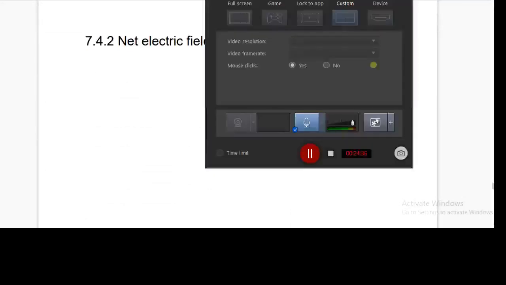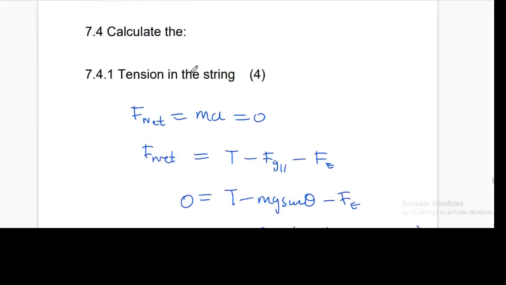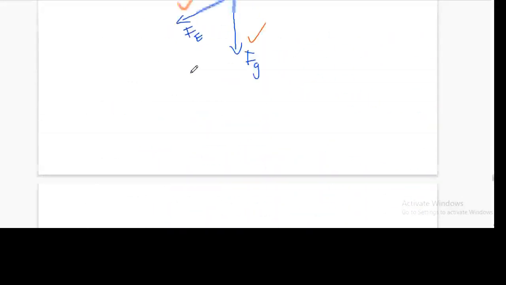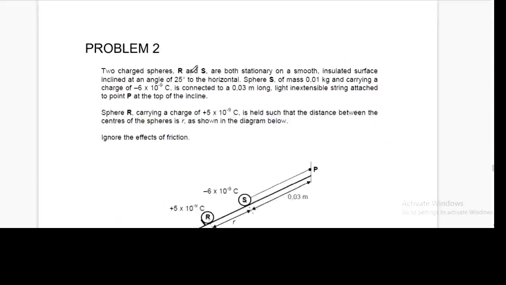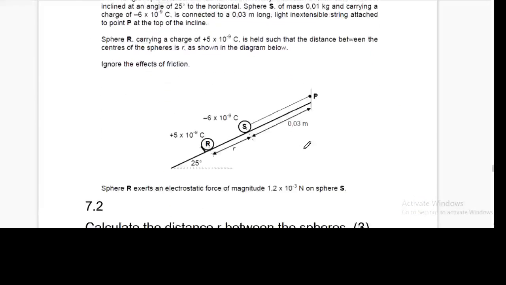Now 7.4.2, calculate the net electric field at point P. Where is point P? You notice that this one is negative and this one is positive.